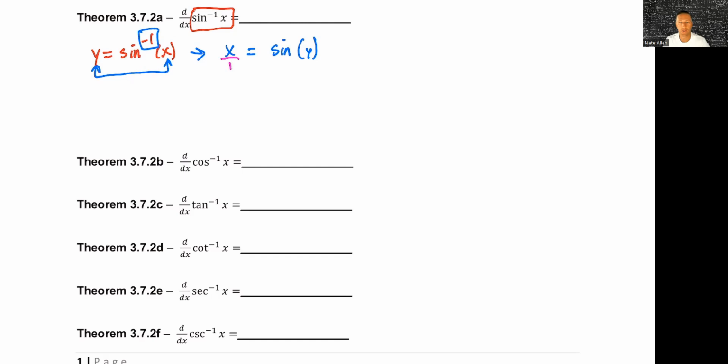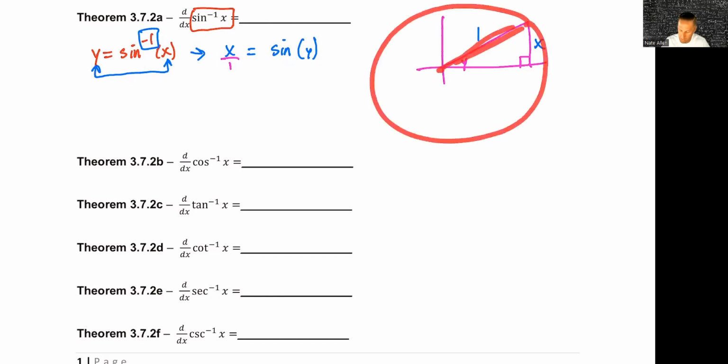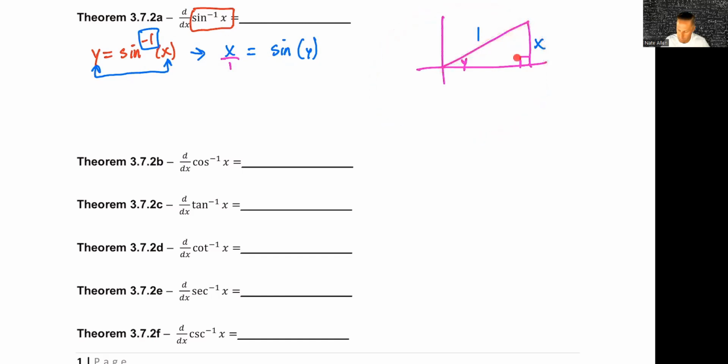And then I'm going to draw this scenario out where I have my right triangle for my angle y. Sine, we know, is the opposite over hypotenuse, or y over r. So I can label that, which means we are on the unit circle. And because it's a right triangle, we can use the Pythagorean theorem to find this third side.